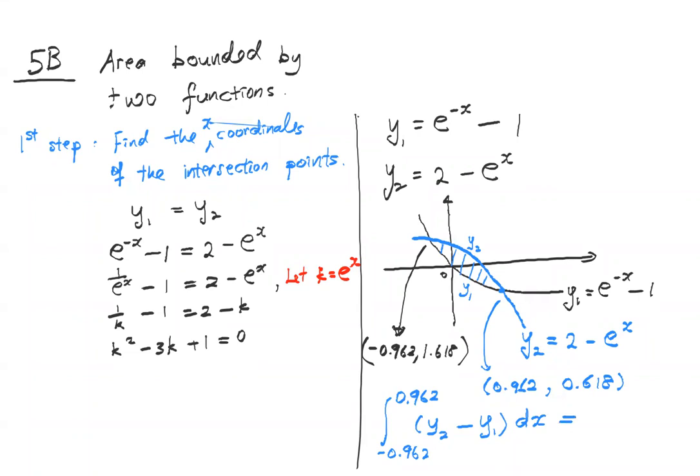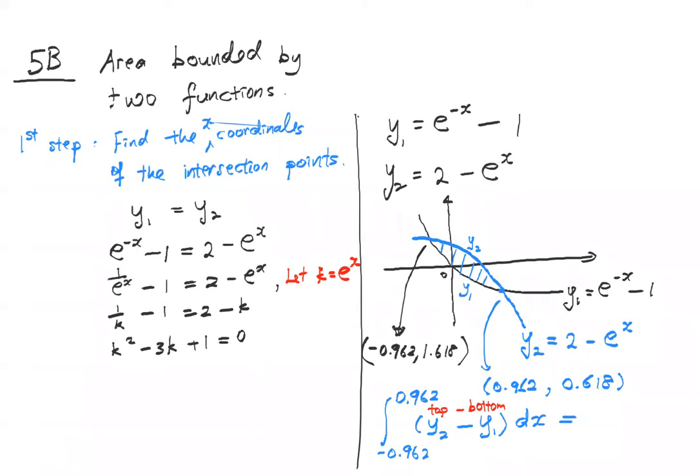So it's not a matter of which one comes first. It's the top boundary minus the bottom. If you do it the other way around, you will get a negative. So we don't care about the x-axis or the y-axis.